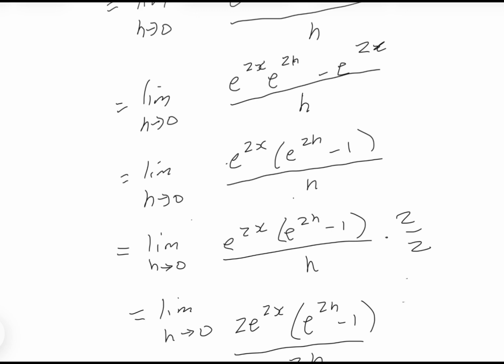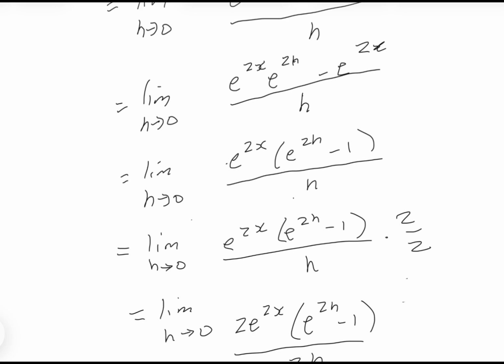So that's equal to the limit as h approaches 0 of e to the 2x. You factor that out of the expressions in the numerator. You will have in brackets e to the 2h minus 1 all over h.